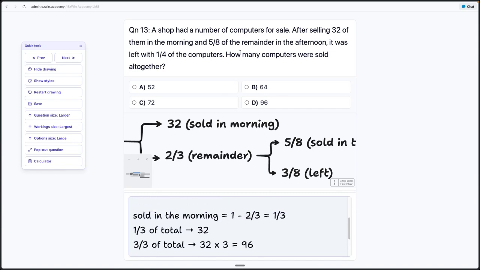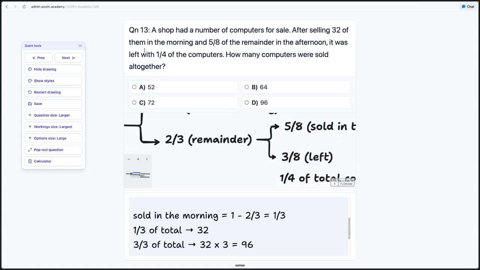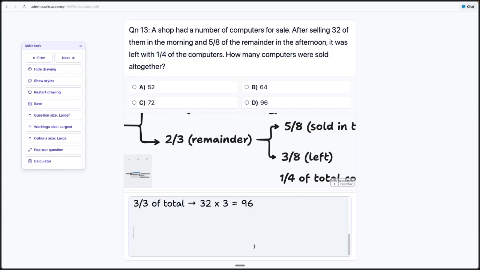The last part is we want to know how many were sold altogether. We know that we are left with a quarter of the computers, or 1/4.